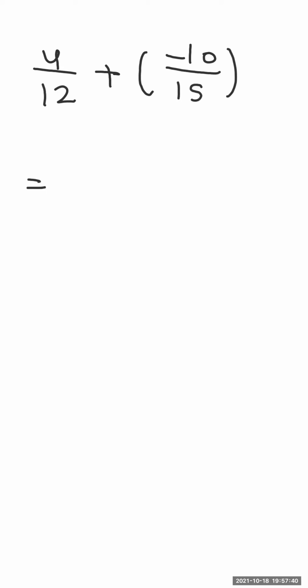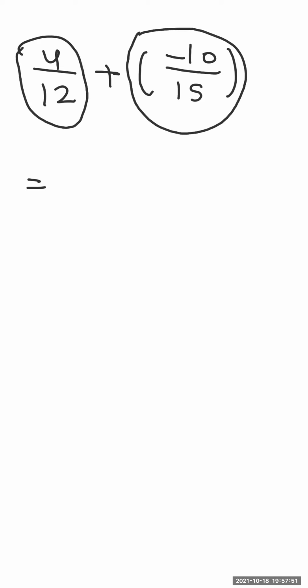Okay. In this case, actually, I have too many options. The first option is to simplify these numbers before addition. Like 4 over 12, actually, if we divide the two numbers by 4, it will equal 1 over 3. Correct?